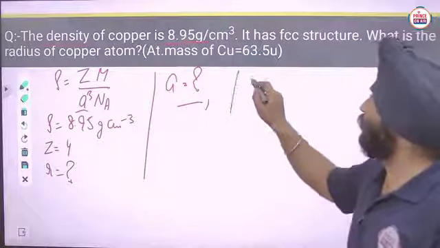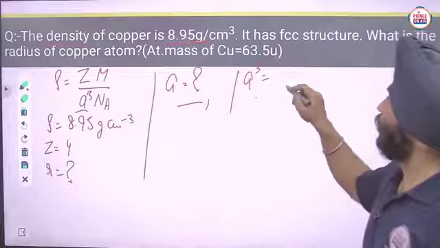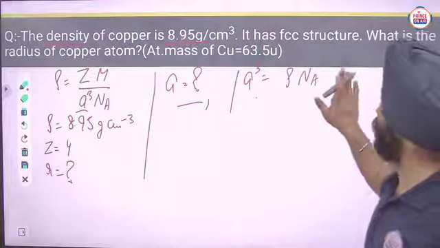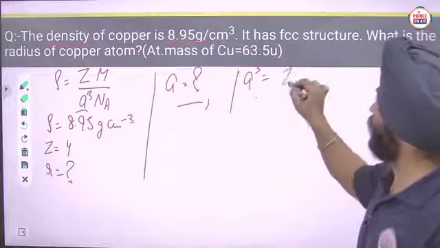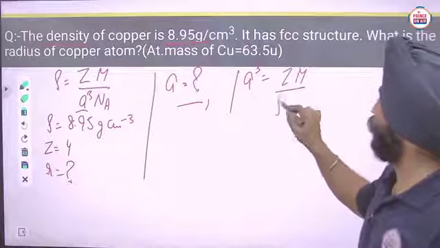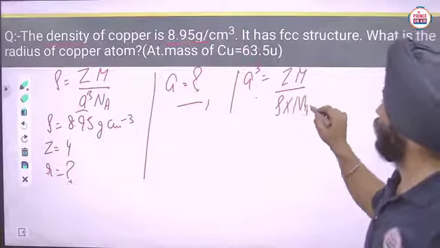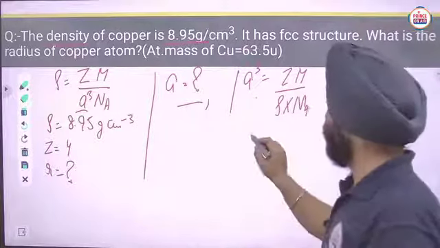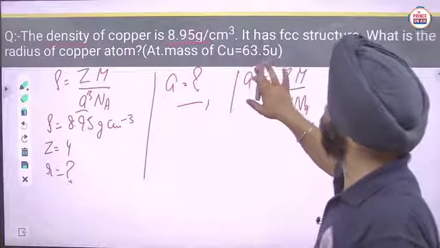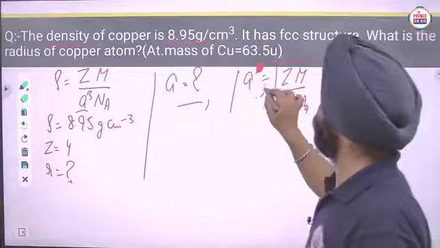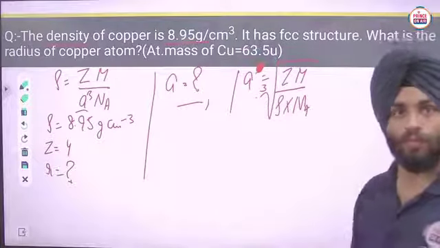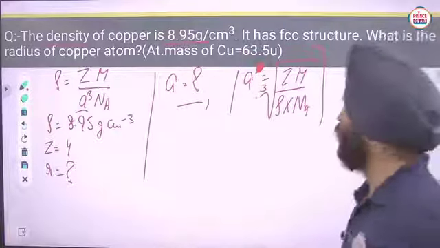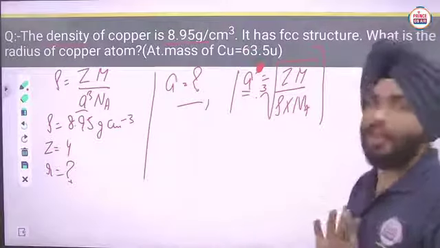A cube is equal to Zm upon rho into Na. In this way you can calculate the value of A cube, and then you do the cube root to get the A value.